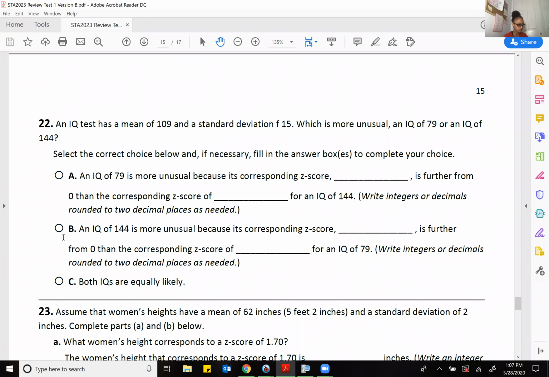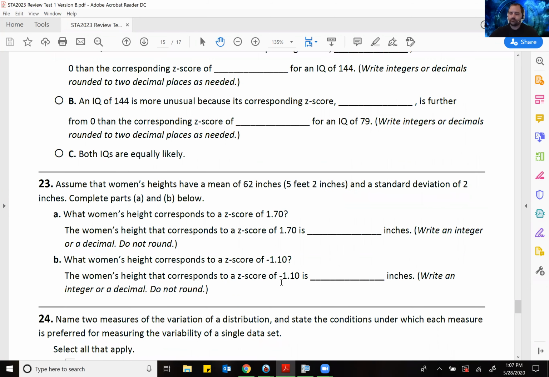Since it says two decimals, I would put -2.00 just to appease it. Even though I do not believe it will count you wrong if you just put -2, since it asks for 2 decimal places, and normally we look at z-scores as 2 decimal places. So we would select B, and you would put 2.33 and -2.00. And there you go.